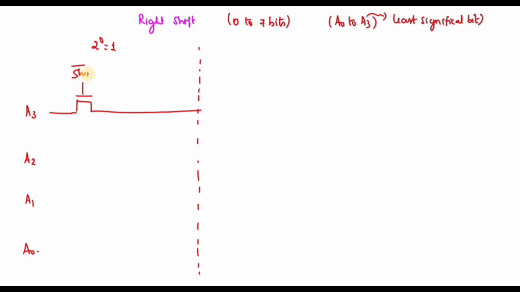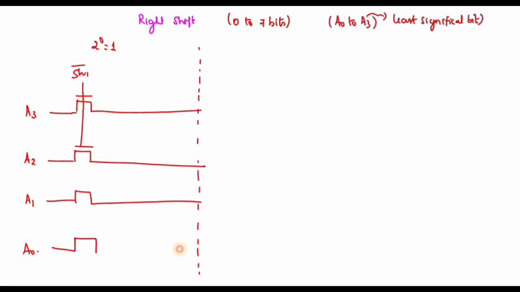Whenever this sh1 bar is 1, the a3 value will just pass, similarly for this one also. And I have used two shift values: if sh1 is equal to 1, whatever value I am giving at a4 will reach here.